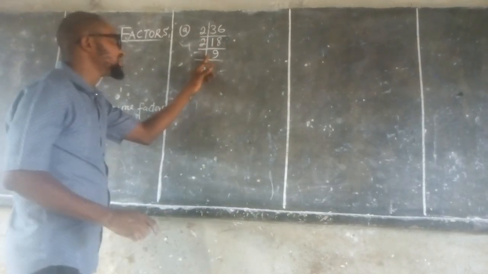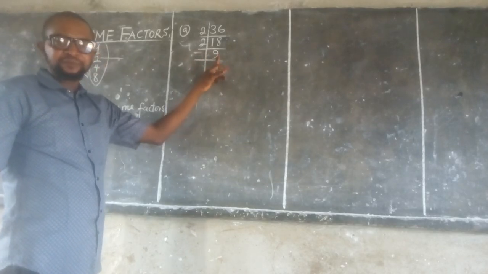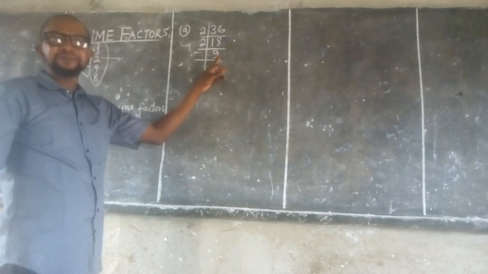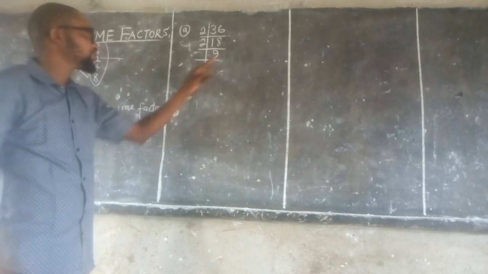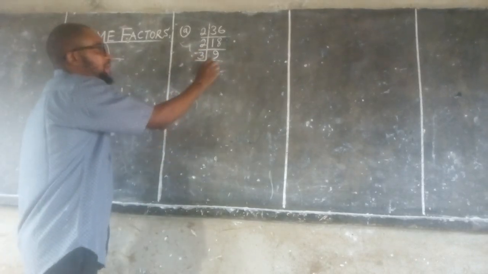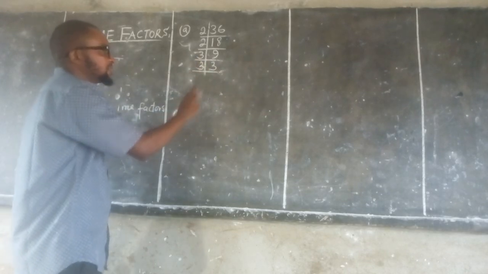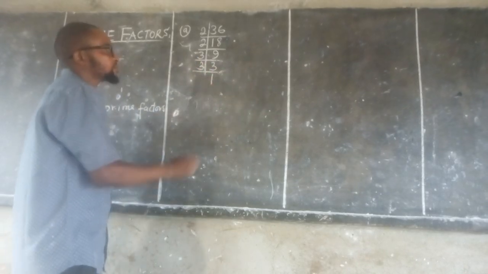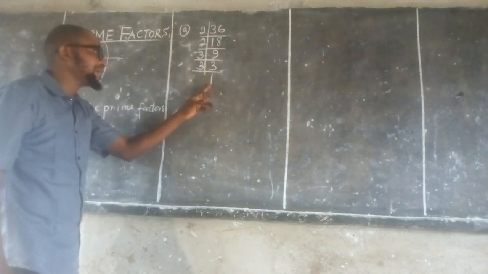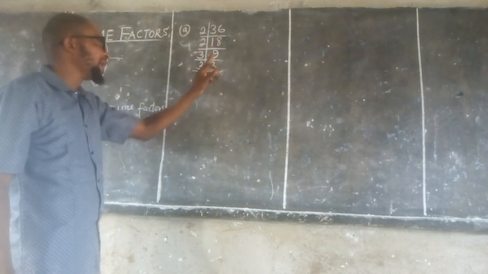When you look at this, 2 can no longer divide 9 because there will be a remainder. So the next prime number that divides 9 without leaving a remainder is 3. 3 into 9 gives 3. 3 can equally go again. 3 in 3, 1. When you discover that the line has turned to 1, you have 36, 18, 9, 3, 1.